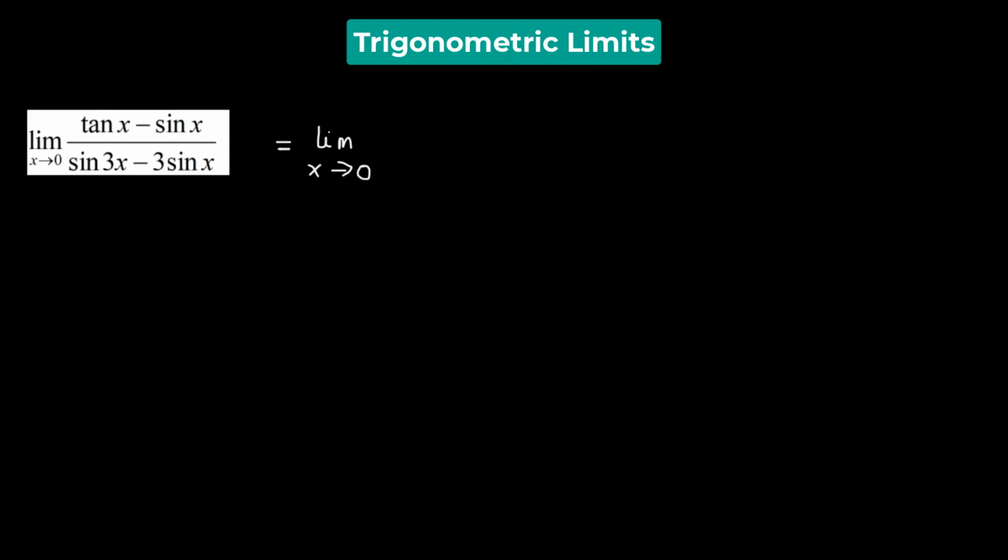So we have tangent of x, which can be written as the ratio of sine over cosine of x, minus the sine of x, divided by sine 3x. Now sine 3x is an identity which can be expanded to give us 3 sine of x minus 4 sine cubed x.